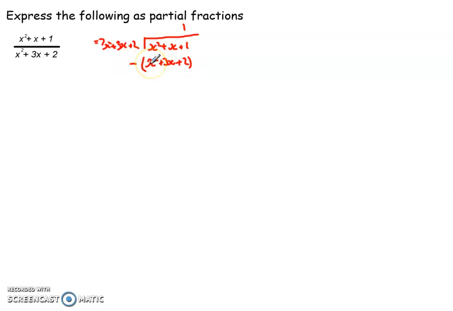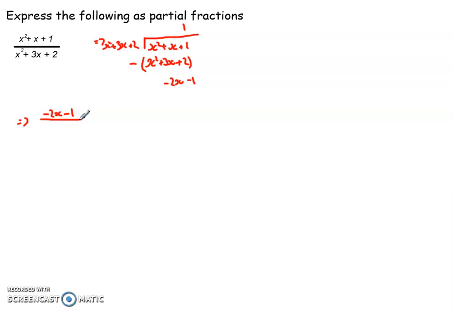So x squared minus x squared is nothing. x minus 3x gives me negative 2x. I've then got 1 take away 2 gives me negative 1. So this remainder I can rewrite as negative 2x minus 1 over the denominator.